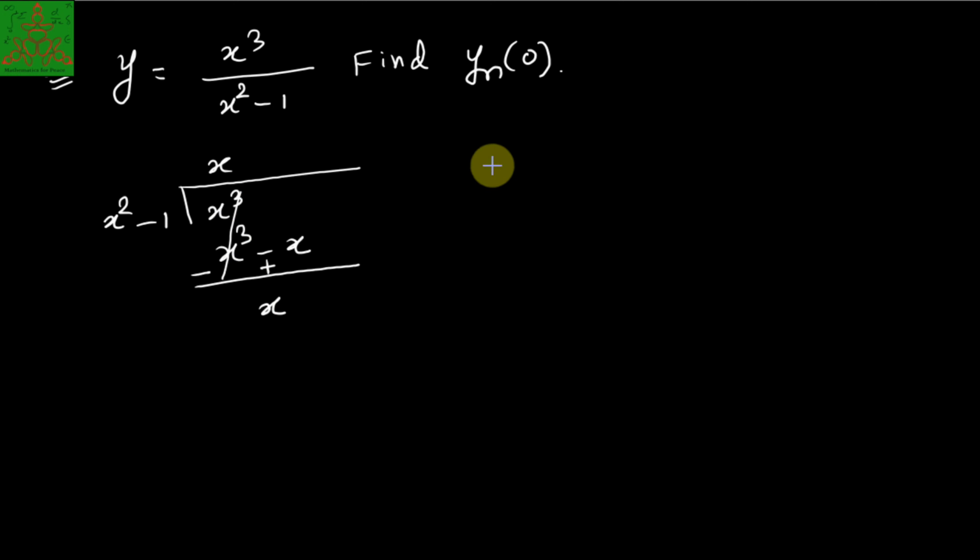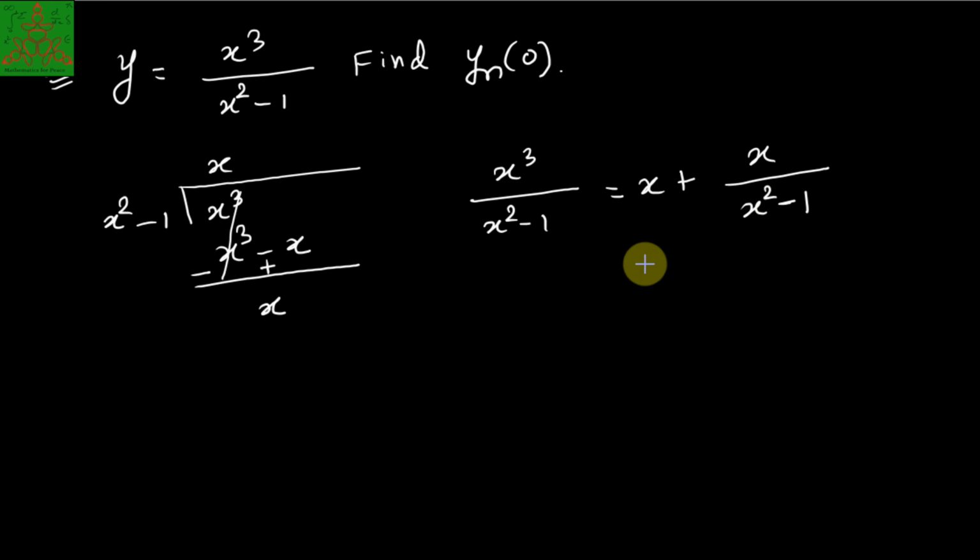So this expression, that is x cube upon x square minus 1, can be written as, this is a remainder and this is a quotient, so it is x plus x upon x square minus 1. And this x square minus 1 can be factorized into two factors, that is x minus 1, x plus 1.